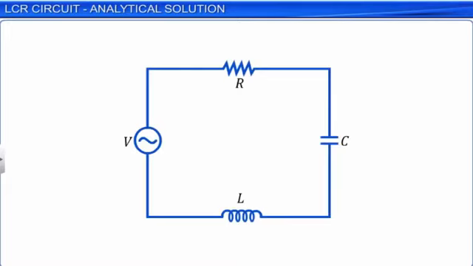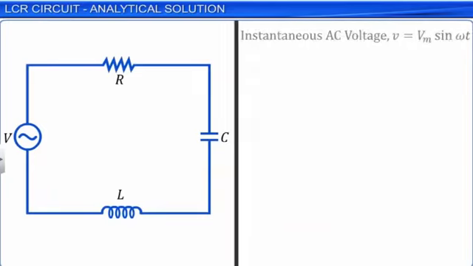Consider a circuit comprising a resistor of resistance R, a capacitor of capacitance C, and an inductor of inductance L connected in series to an AC source, which applies a voltage V equal to Vm sin omega t at any instant of time t.